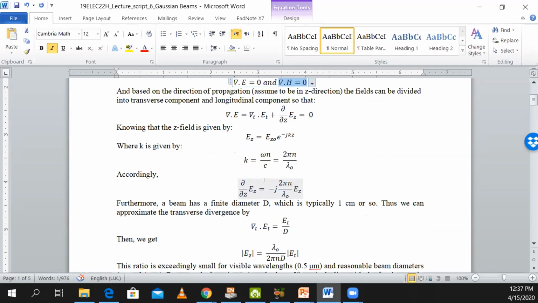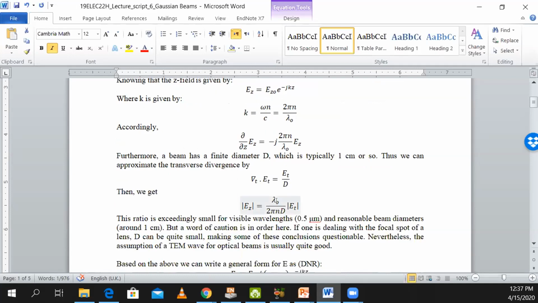So this mathematical proof leads us to a very important conclusion: light can be considered as a TEM wave. But here you have to mention a very important point. Light can be considered as a quasi-TEM wave if and only if the beam diameter is much greater than the wavelength.